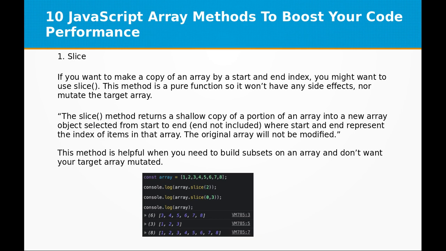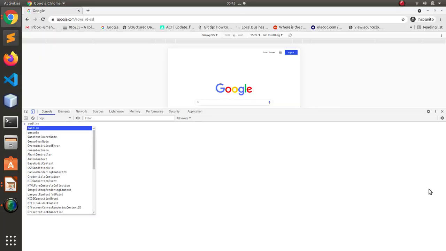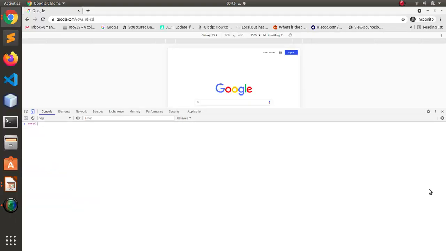So let's look at an example. I'm going to use Google Chrome. I'm going to create an array. const array equals 1 2 3 4 5 6 7 8.